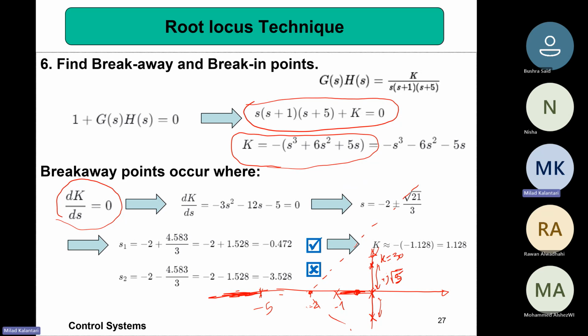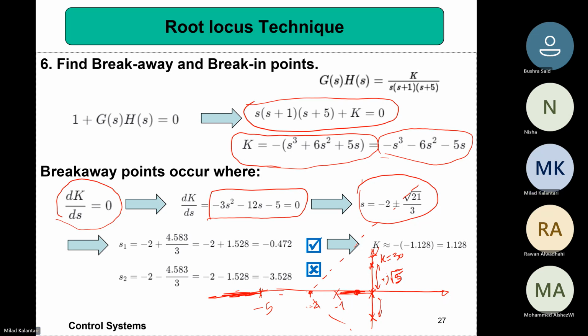So basically what remains doesn't have any k, right? It's just a derivative of this kind of polynomial, and it gives you several roots, right? But not all of them are acceptable. Maybe you should check whether these roots are inside the acceptable root location on the axis or not, right?